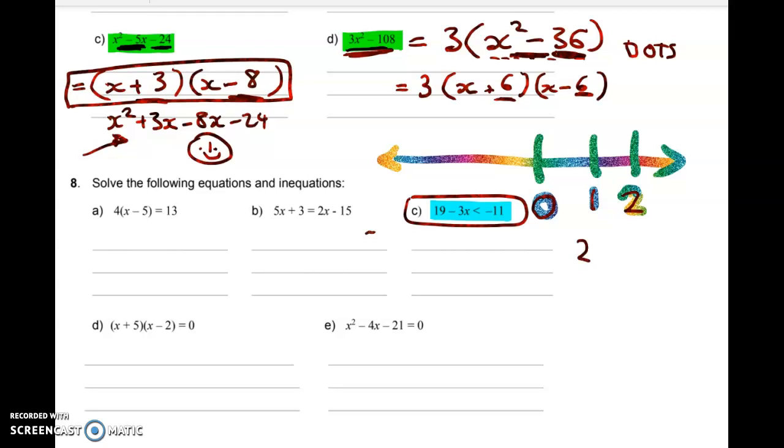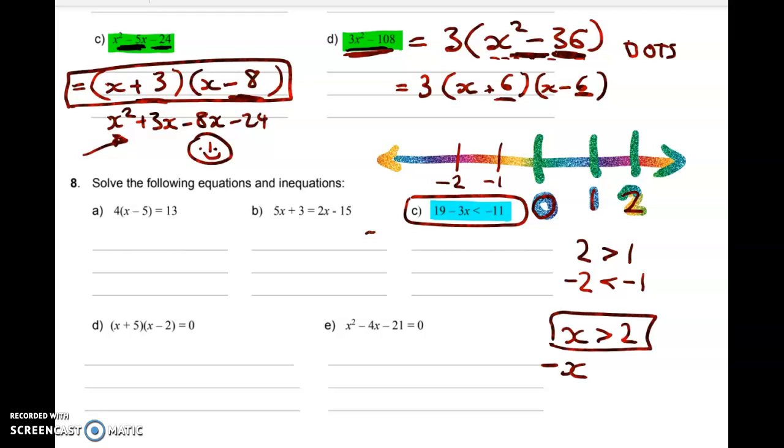Now, we know that 2 is bigger than 1. But let's think about our negative numbers. Here, we've got -1 and we've got -2. We know that -2 is less than -1. So, if I'm working with a number that is bigger than 2, and I take its negative, so I times it by -1, how does the negative of that number relate to -2?